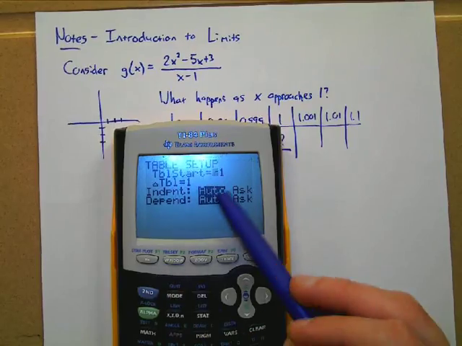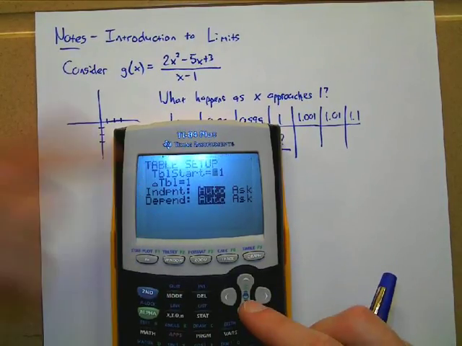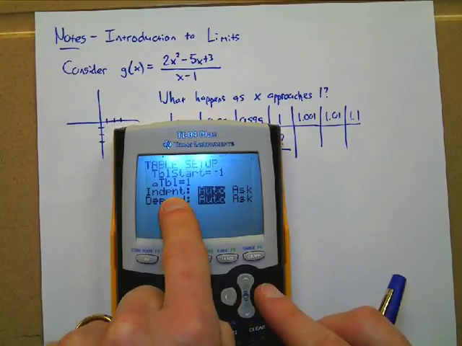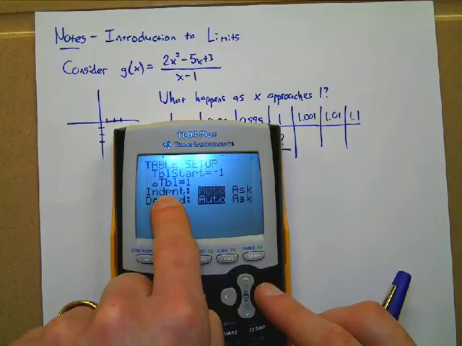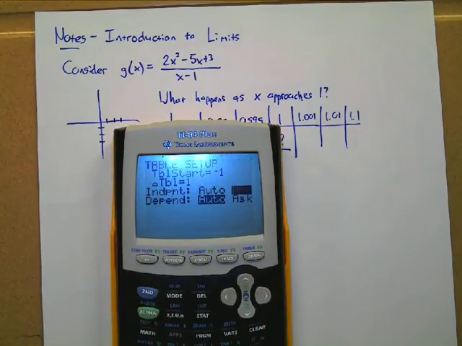Instead I like to go down to the independent variable, and instead of automatically having the calculator fill in the independent variable, the x variable, we're going to have it ask us what the independent variable will be, and then we'll let it automatically fill in the dependent variable. So now if we go to our table, it's empty. That's because it's waiting for us to type in x values.